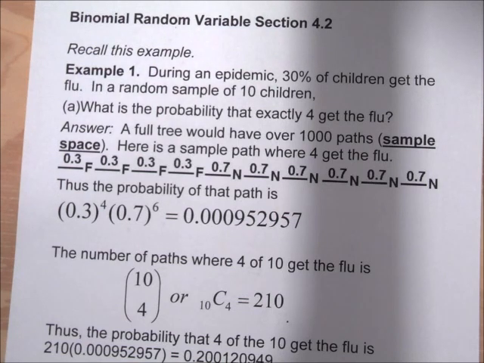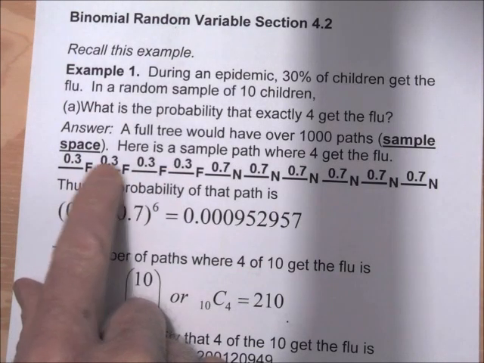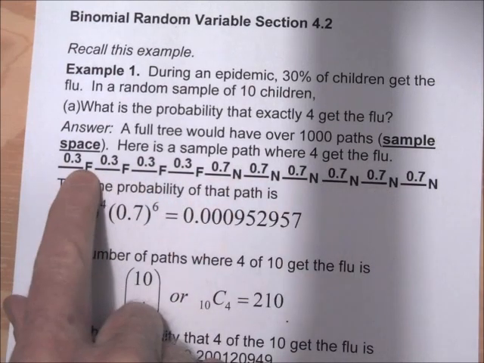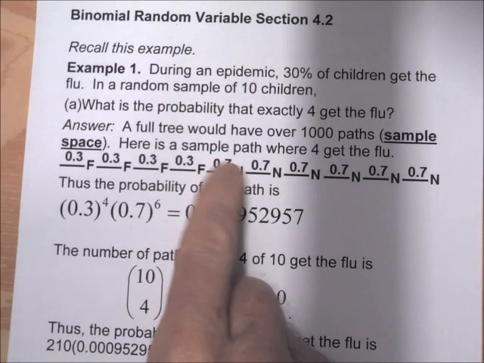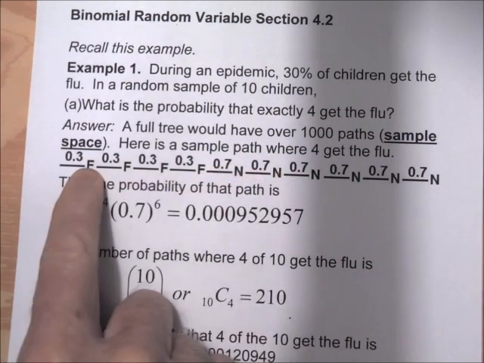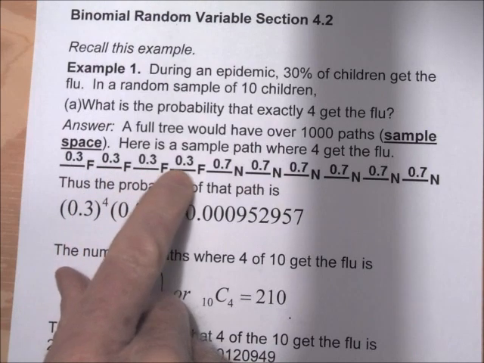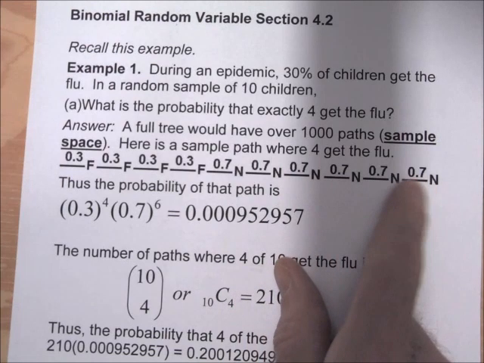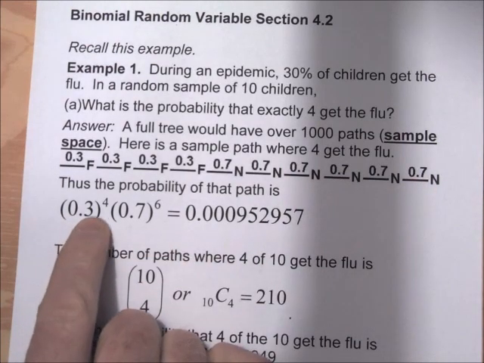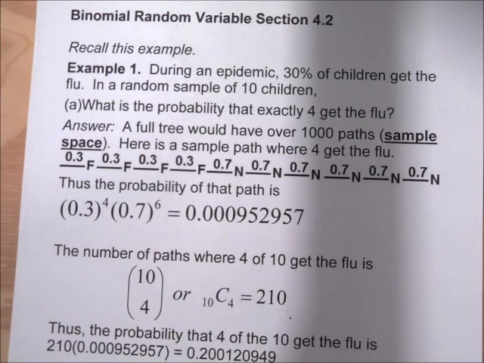So what we did before, we had a sample path where 4 got the flu and the other ones did not. The probability of that sample path, if you have 4 getting the flu and 6 not: the probability they get the flu is 0.3, and 1 minus 0.3 is 0.7, so the probability they don't get the flu is 0.7. So you have 0.3 times 0.3 times 0.3 times 0.3 times 0.7 times 0.7 times 0.7 times 0.7 times 0.7 times 0.7, or you can shorten that to 0.3 to the 4th power times 0.7 to the 6th power, which is 0.000952957.